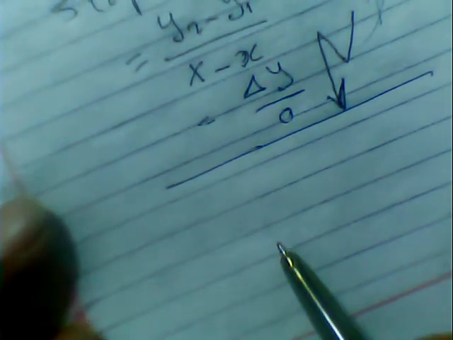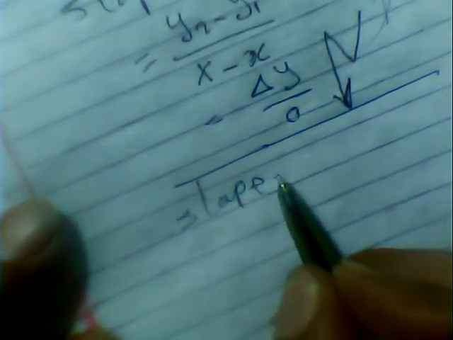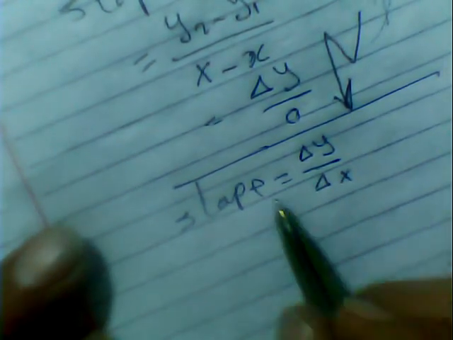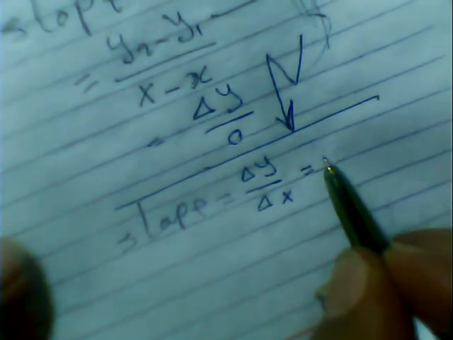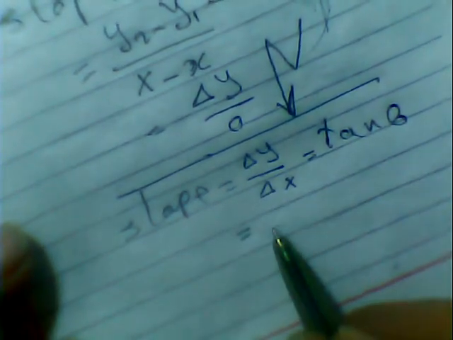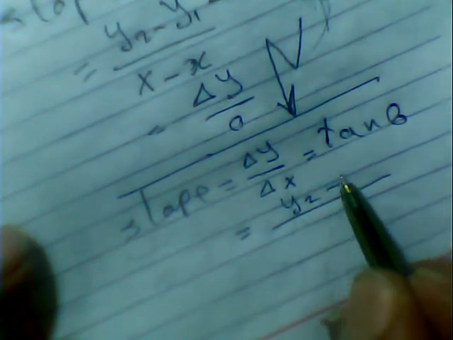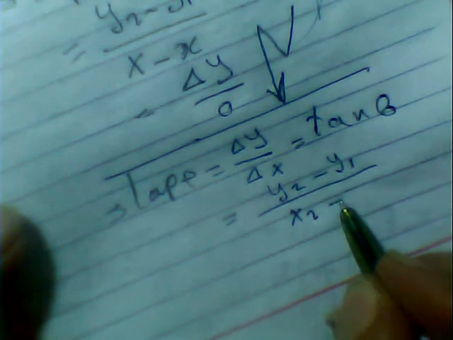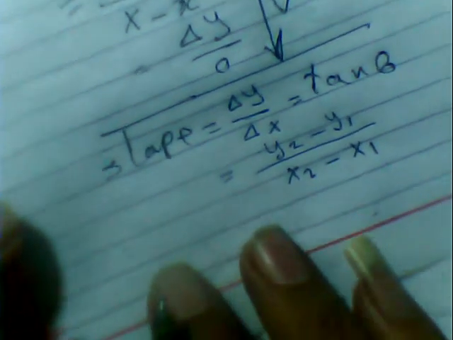Then we already know how to get the slope: slope equals delta y over delta x, slope equals tan theta, slope equals y2 minus y1 over x2 minus x1.